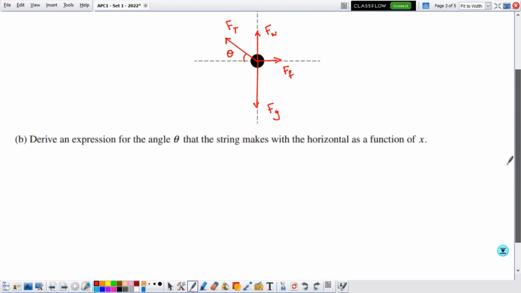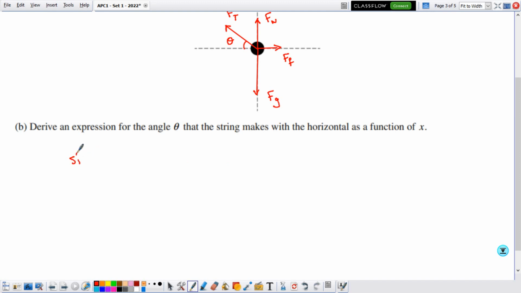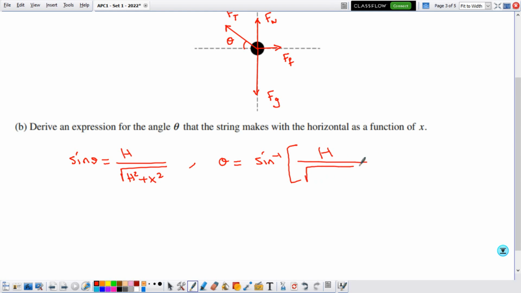Then here we can say that sine theta is given by h over radical h square plus x square. But we need theta, not sine theta. In this case we can invert the function, then theta is given by the inverse sine of h divided by radical h square plus x square.